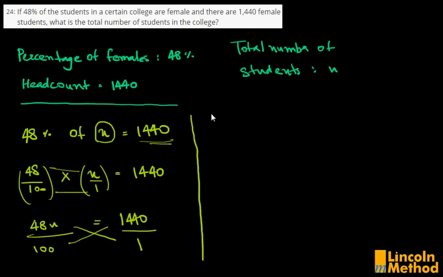So multiplying 48x by 1 gives us 48x, and multiplying 1440 by 100 gives us 1440 plus 2 zeros. So that's 144,000.